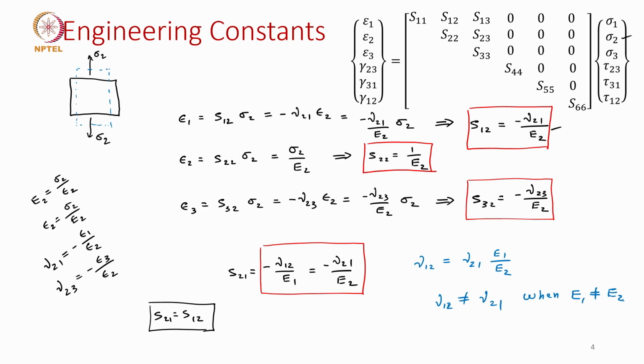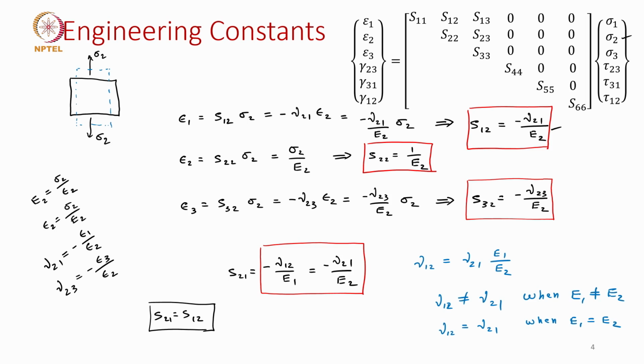There is a special case when both E1 and E2 are the same: that is the only time when nu12 will be the same as nu21, but this is only possible when E1 equals E2.